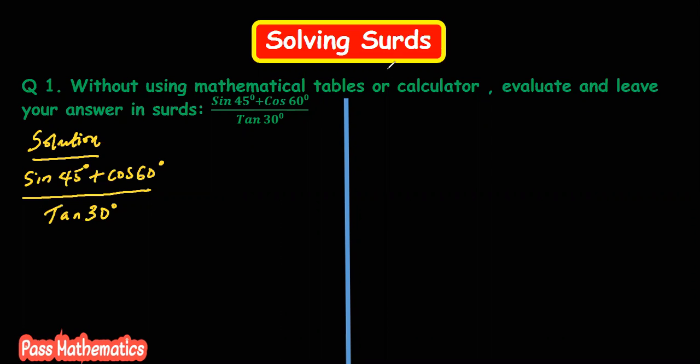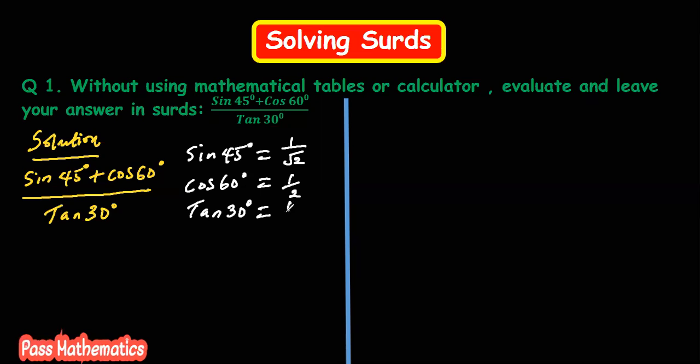Remember that the value of sine 45 degrees is 1 over root 2. So sine 45 degrees is the same thing as 1 over root 2, and cos 60 degrees is 1 over 2, and then tan 30 degrees is 1 over root 3.